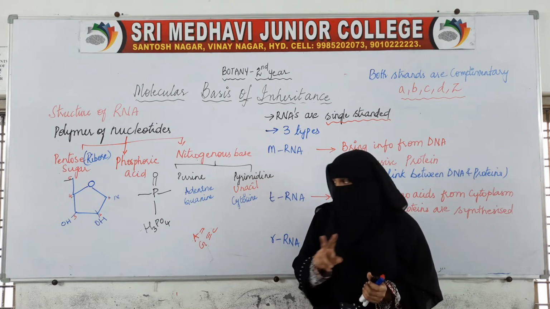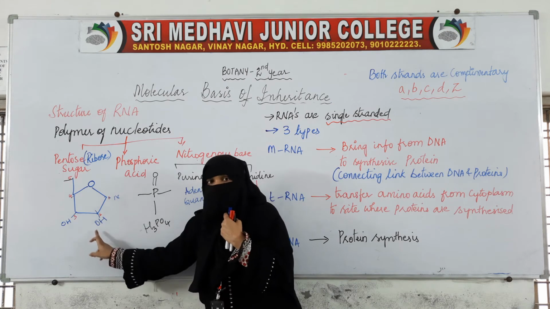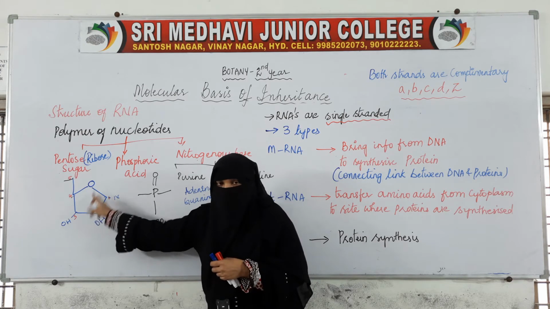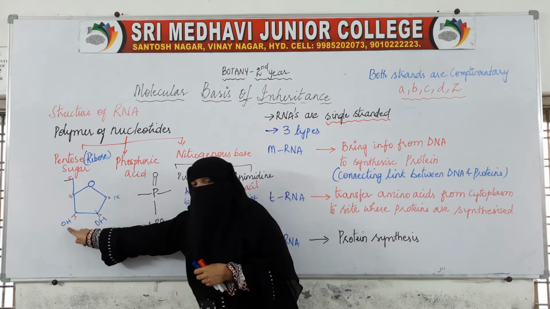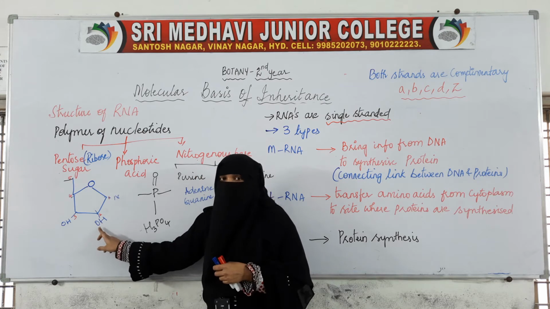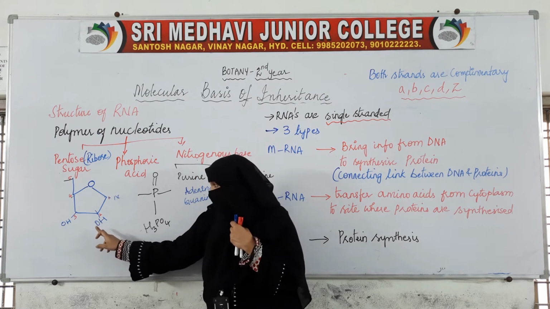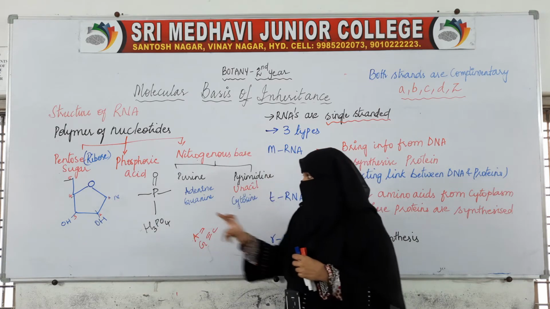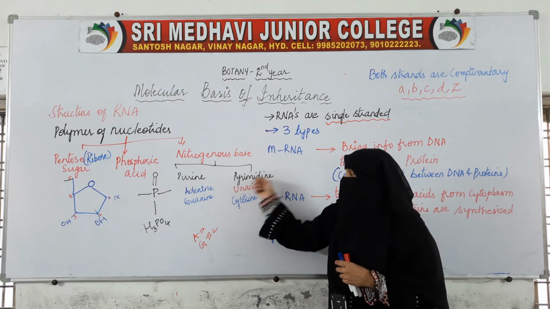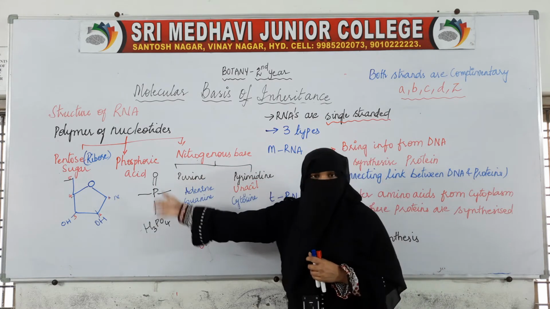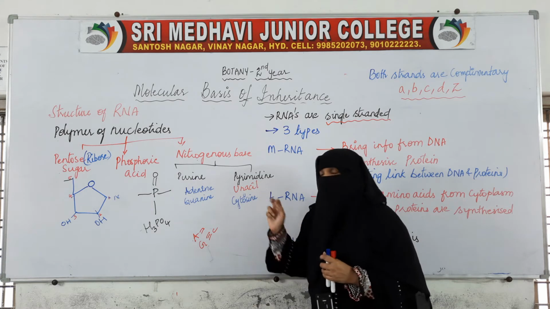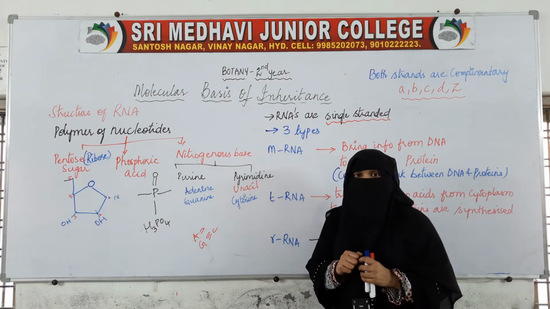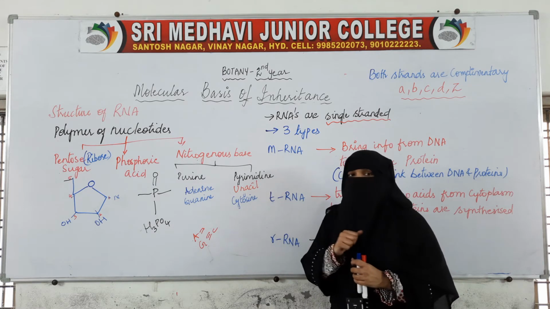So the two differences: one is the presence of an OH functional group on the second carbon of the ribose pentose sugar, whereas in DNA, only the third carbon had an OH. There it was not OH, only hydrogen. Now instead of hydrogen, on the second carbon we also have an OH functional group. The next difference is in the pyrimidines: purines are the same, phosphoric acid is the same, but instead of thymine, we have uracil in RNA.